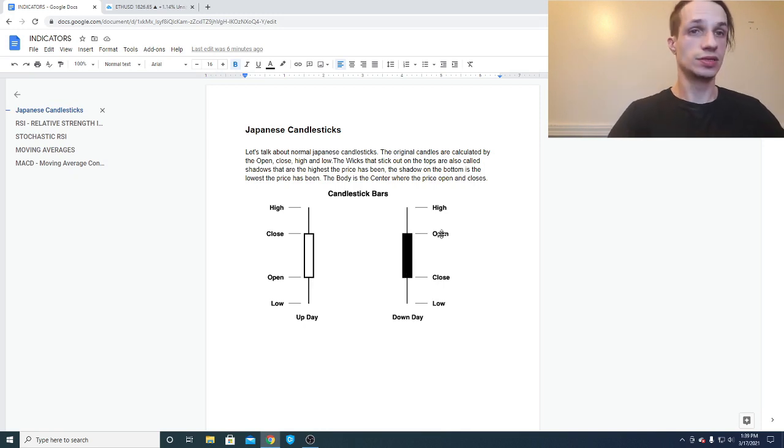This is where it opened, and then the price dropped, and this is where it closed. This is the highest the price has ever been, and this is the lowest the price has ever been. Alright? And then this is where the candle opened, so this would have been a green candle over here. It opened up at this price, and then the price went up and it closed. This is the highest it's ever been, and this is the lowest it's ever been. Alright? So these are your typical candlesticks.